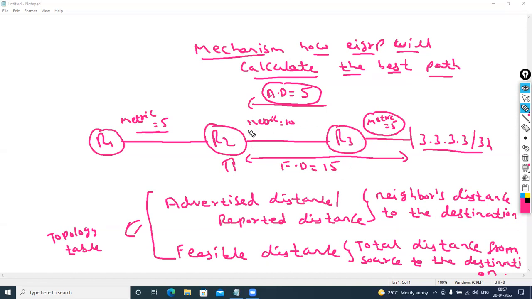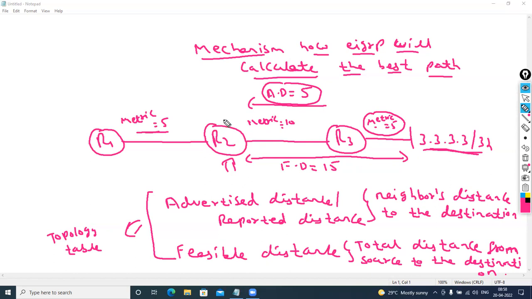So from R1's perspective, what is the AD in order to reach 3.3.3.3?